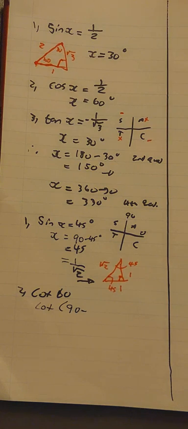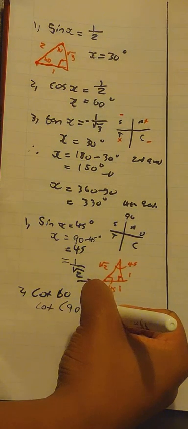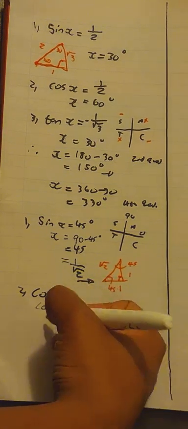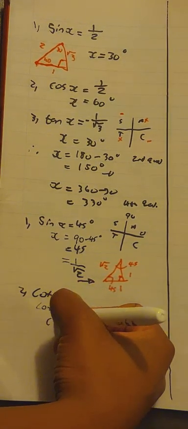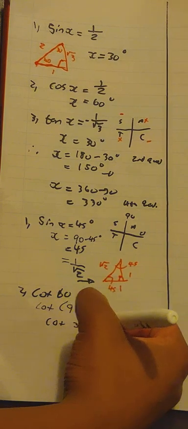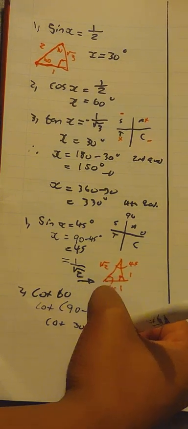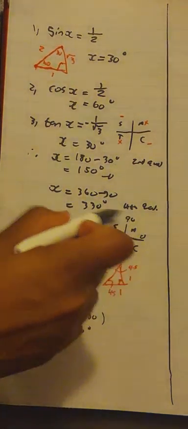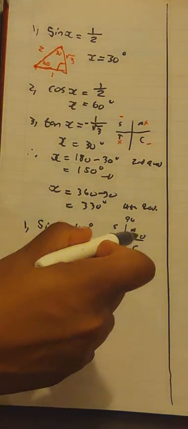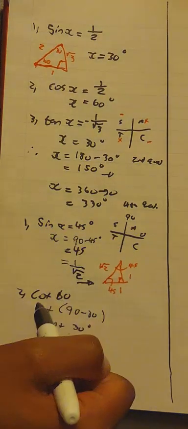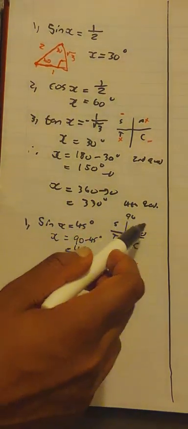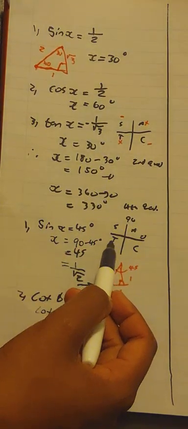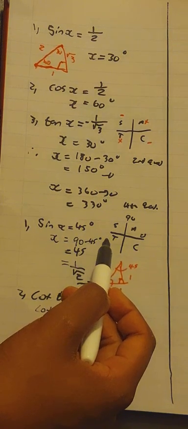It's 30. That means the answer will be cot 30 degrees. Okay, guys, so cot 30 degrees, from here, it's here. On the first one, it is positive. It's positive on the first one, and here on this one, guys.